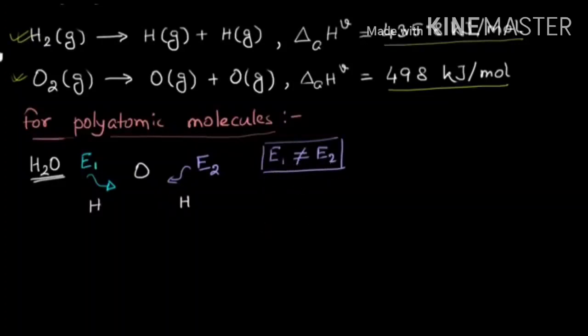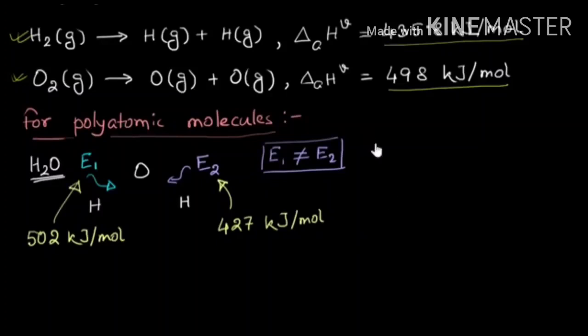This is because after breaking one oxygen hydrogen bond, the influence of the other hydrogen is not there. Therefore, the second energy must be different from the first energy, and the second energy is 427 kilojoule per mole.